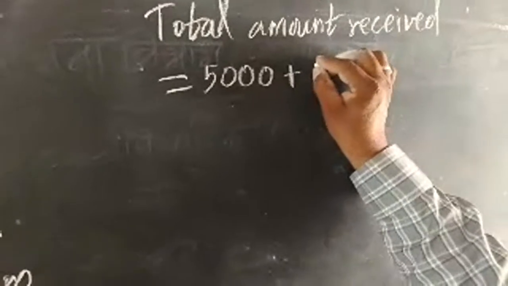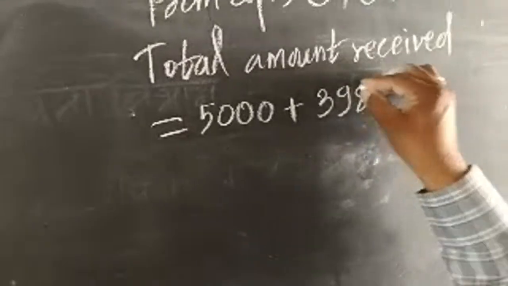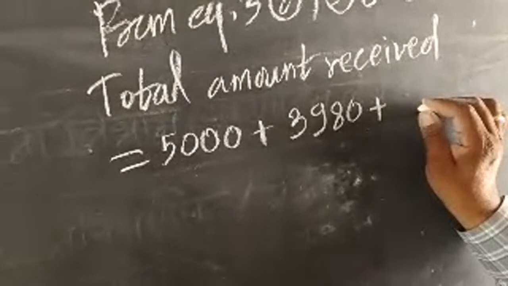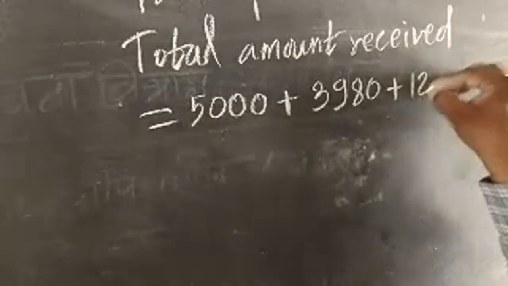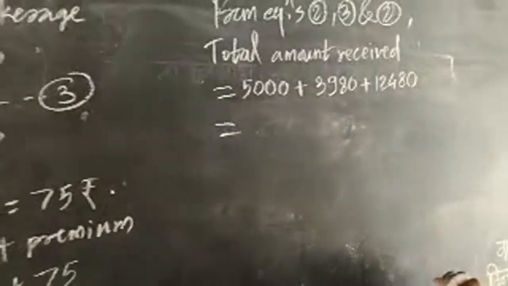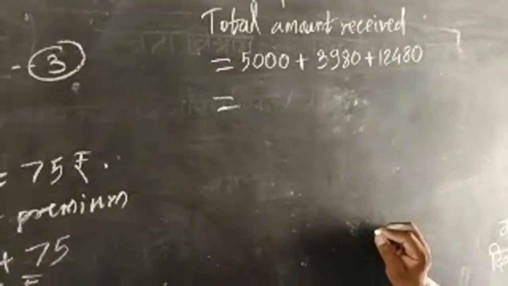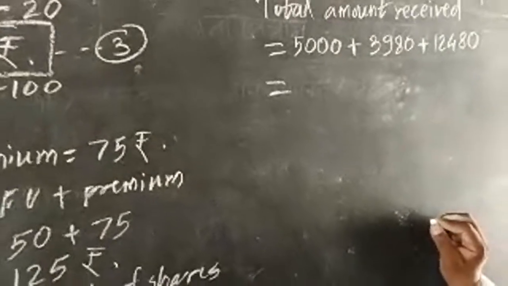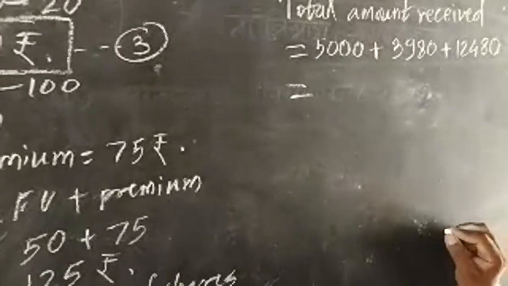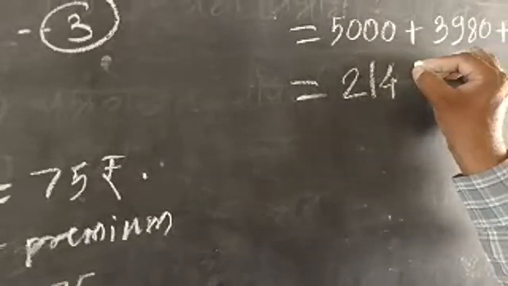Second amount, 100 shares sold and he got 3,980, and remaining shares sold and he got 12,480, and total addition is 21,460.